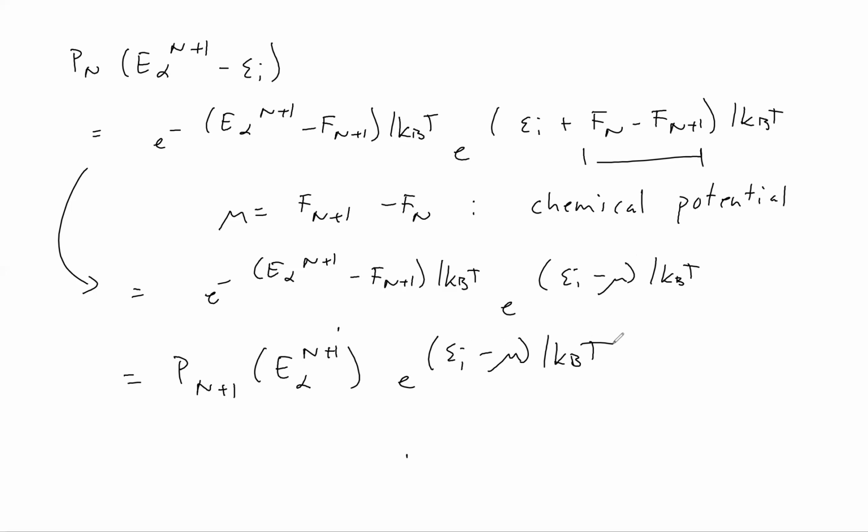Now let's go back to our main goal here, which is to compute the probability that an n electron system has level i occupied. Remember, we wrote down this before. But we've just simplified this term here.